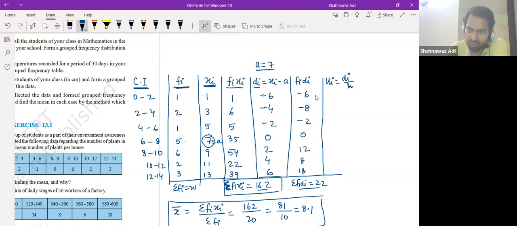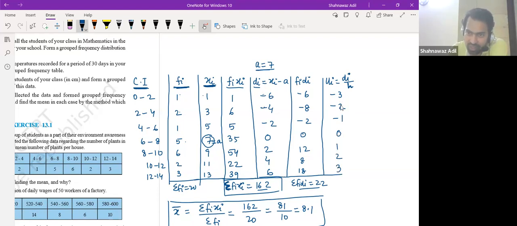So minus 6 by 2 is minus 3, minus 4 by 2 is minus 2, minus 1, 0, 2 by 2 is 1, 4 by 2 is 2, and 6 by 2 is 3.